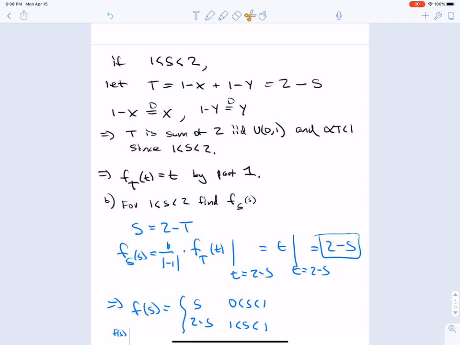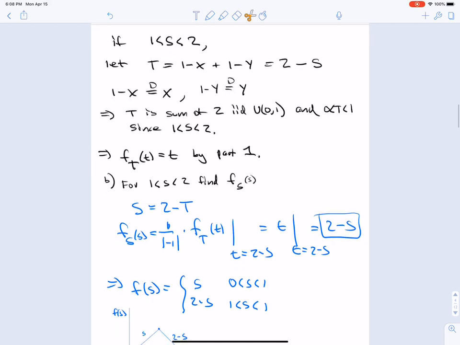So what we do is we introduce a new random variable T, which is also a sum of two IID uniforms, 1 minus X and 1 minus Y, and that is 2 minus S. And so since S is between 1 and 2, T is between 0 and 1, and by part 1 we know that the density of T is t, and we can apply the change of variable rule to find the density of S, which will be 1 over the absolute value of minus 1 times f_T of t.